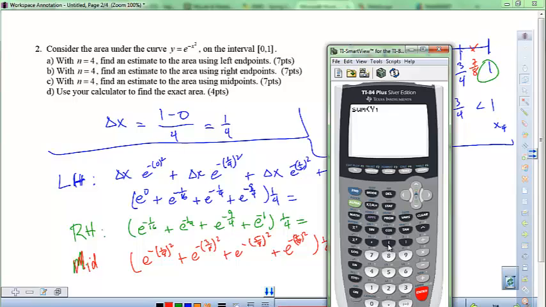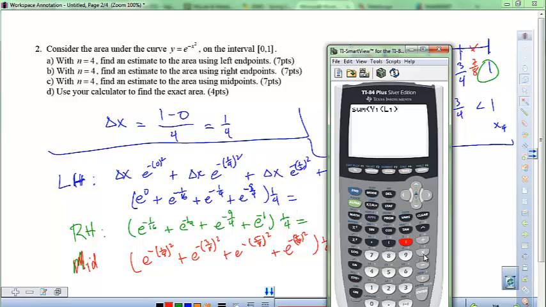So that's y1, and for each value in y1, I'm going to open parentheses and click on second and the number 1. For each value of x that I have in my list L1, I want to put that into y1. I'll close this, and then for each of them I want to multiply by 1/4.